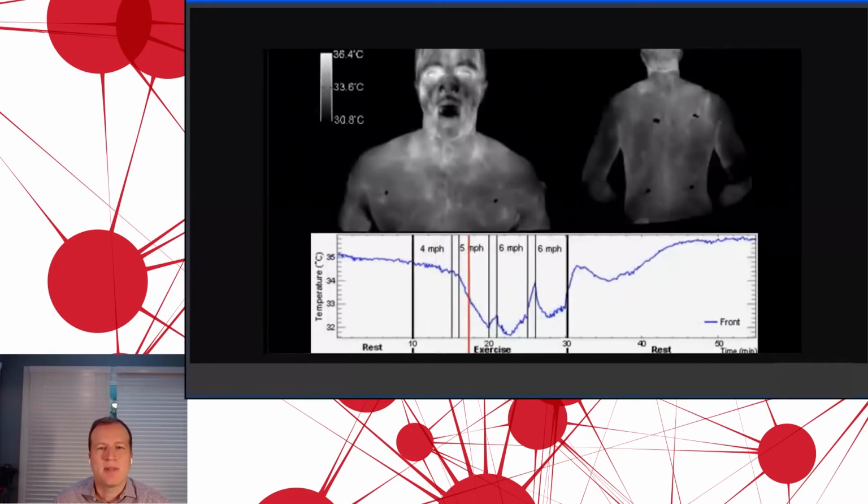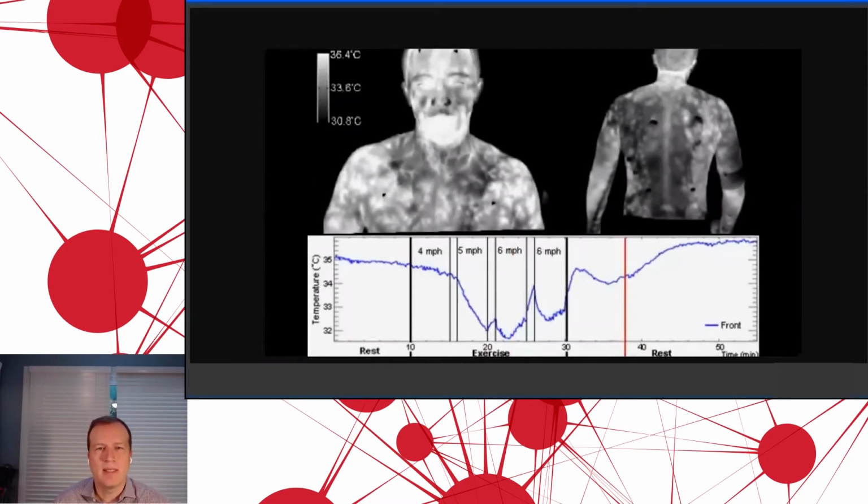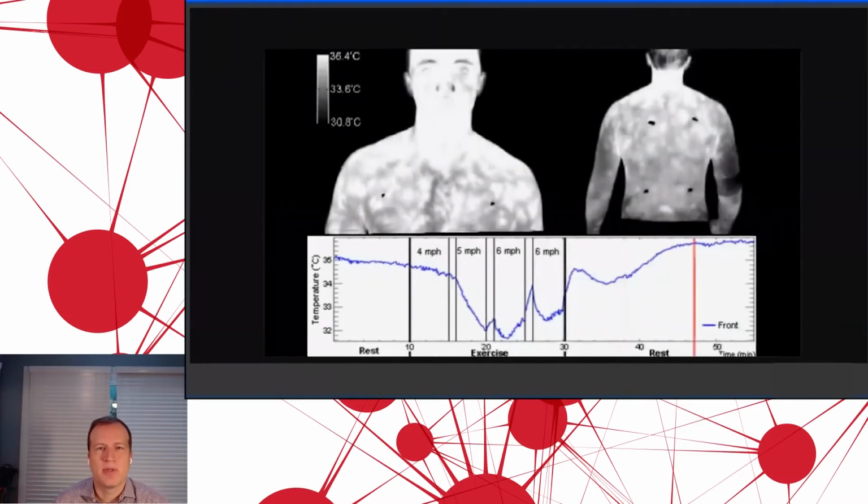And then as he exercises more for 10 or 15 minutes, his temperature drops even further. And then at maximum exertion, now 25 minutes in, you can see the blood flow is markedly reduced, and a very distinct vascular pattern of these feeder arterioles are the only areas where the skin remains at a relatively high temperature until his skin starts to return to normal with rest and reperfuses, and his temperature actually returns to its previous state.